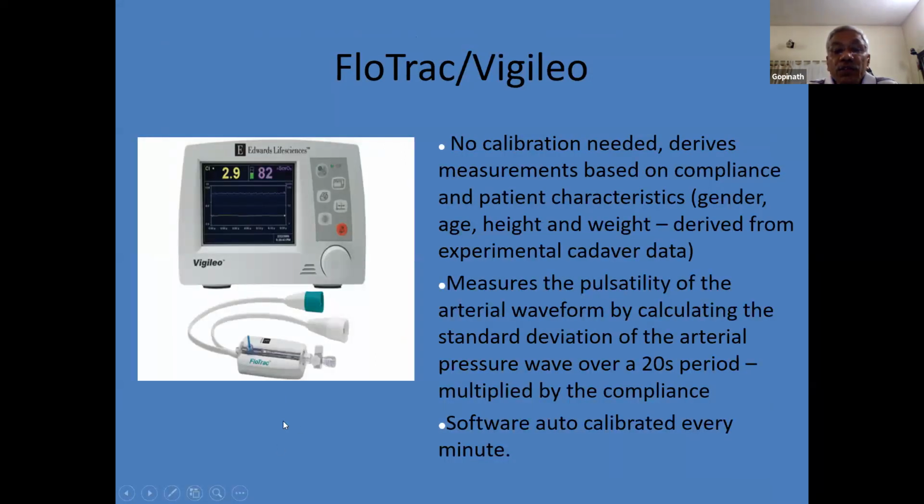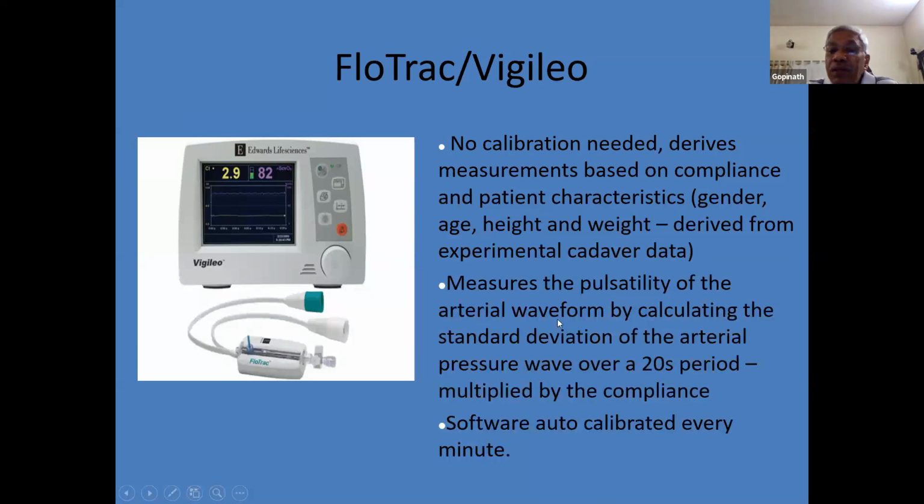FloTrac has become almost like a companion to most of us. This is an uncalibrated version because it is based on a lot of parameters derived from cadaveric data. It has been used in both pediatric and adult populations, to some extent at least in the pediatric population also.